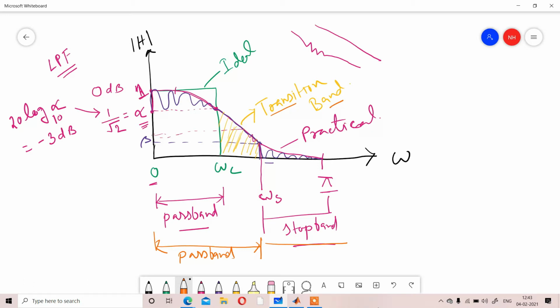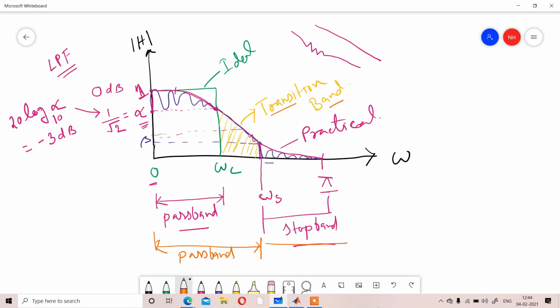And if we increase the order of the filter, generally the filter complexity and the expected cost will also increase. So we have to keep in mind that the order of the filter should be such that the cost and complexity are reduced, as well as the transition band we are getting is in an allowable range, so that we can easily design the filter.